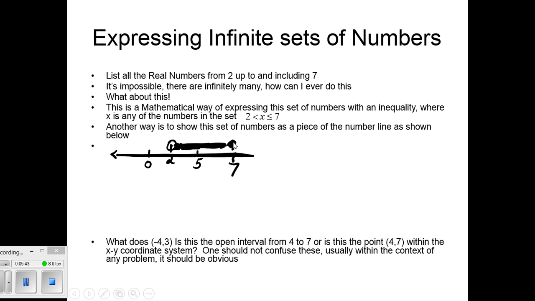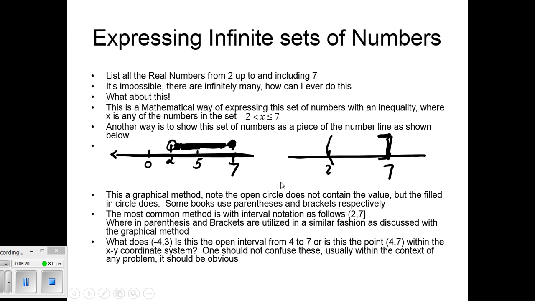Since we are including 7, we're going to have that filled in, and we're just going to fill in that portion of the number line which applies. So this is another way of expressing all the numbers between 2 and 7 inclusive. This is a graphical pattern. Your book sometimes uses this graphical pattern, implying not inclusive of 2, inclusive of 7, with a parenthesis and a bracket.